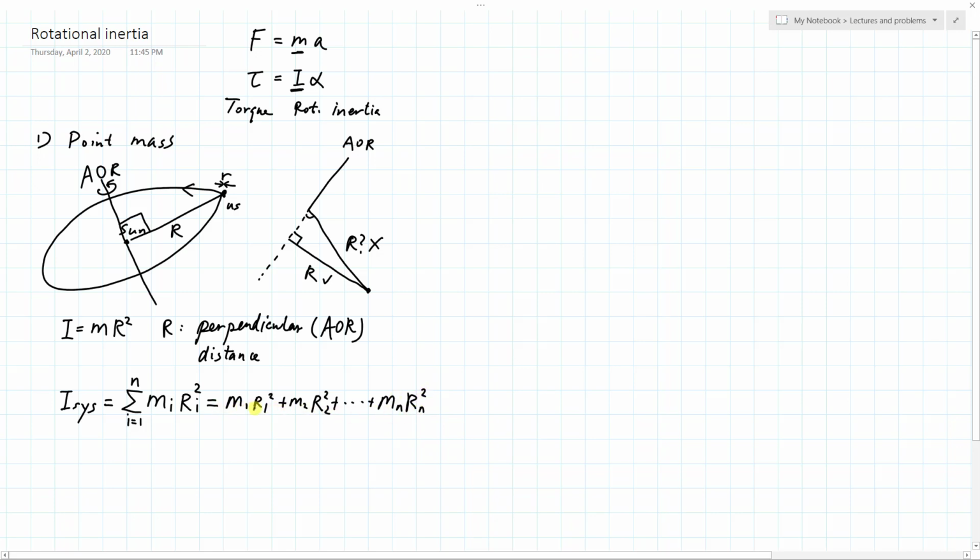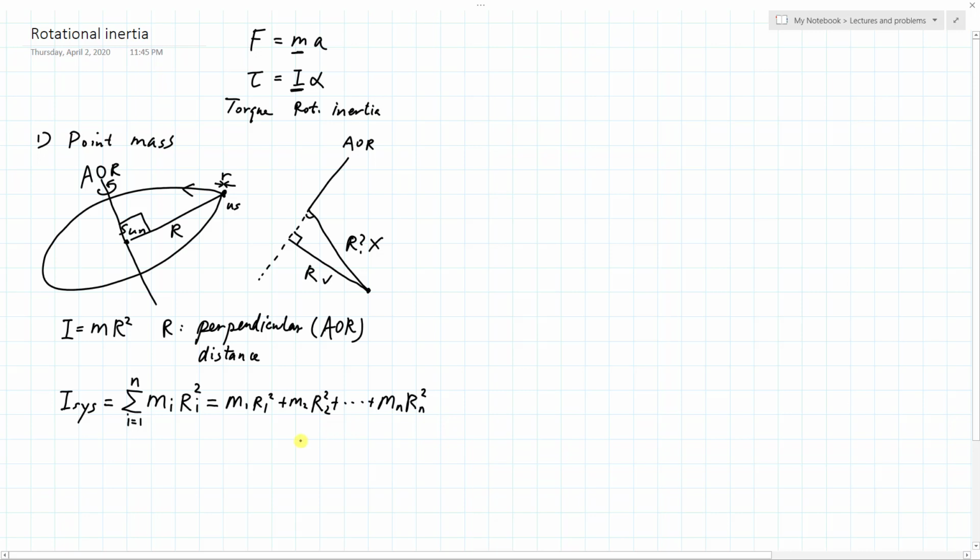If you just want to calculate the rotational inertia of all the planets around their axis of rotation, you can calculate this way. They may not exactly rotate around the same exact axis, though. You may want to check your astronomy textbook to see how far the axes are from each other. But this is an idea, if you imagine all the planets are on the same plane, rotating on the same plane.